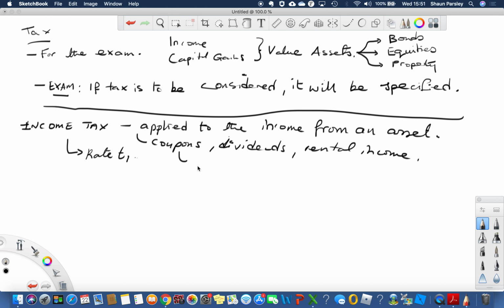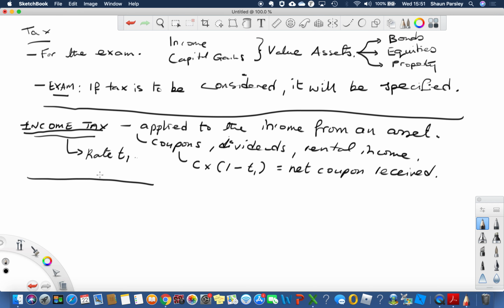So if we're looking at coupons, it can be the coupon rate multiplied by 1 minus T1 will give us the net coupon received. Okay, that's income tax.